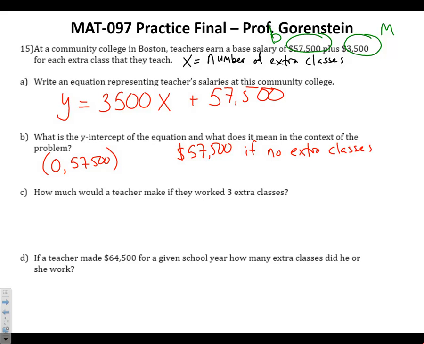For part C, how much would the teacher make if they worked 3 extra classes? So remember, x is the number of extra classes. So in this case, we're given a value for x, and we need, what is y?